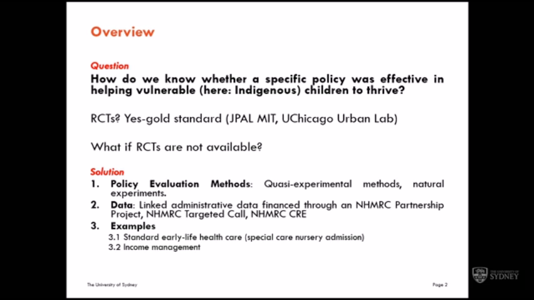So what economists have developed in maybe the last 30 years are ways to get around this problem. And we were not the first to come up with this, but maybe another solution to an RCT is to exploit natural experiments or quasi-experimental evidence. And I will tell you in a second what that is.